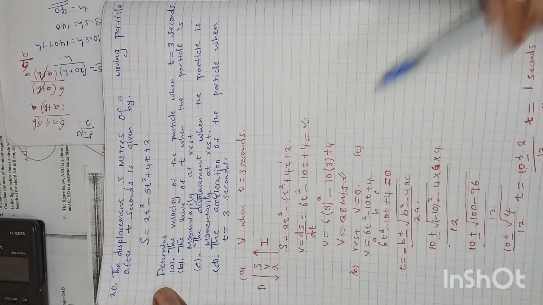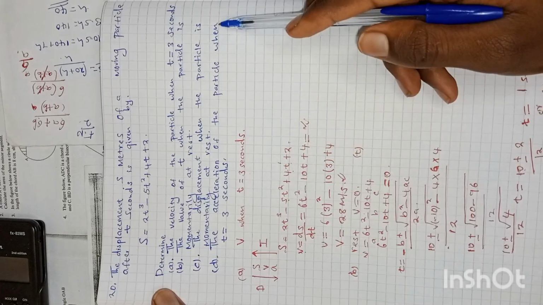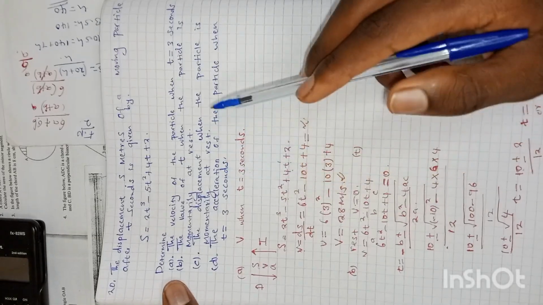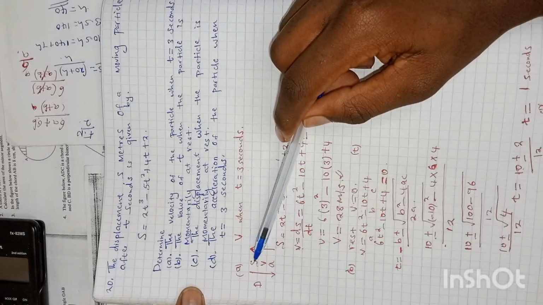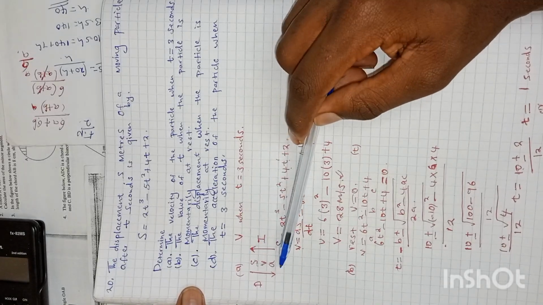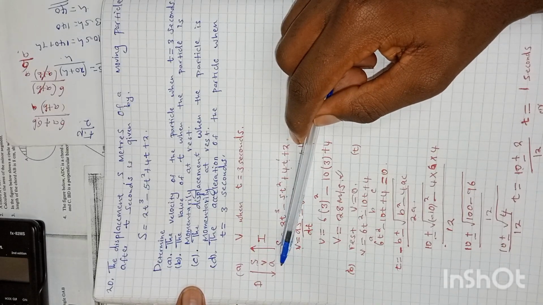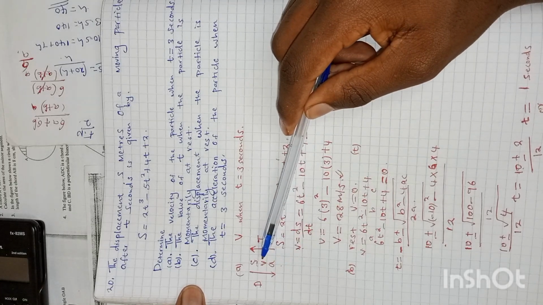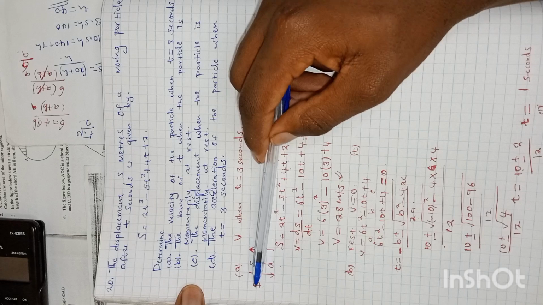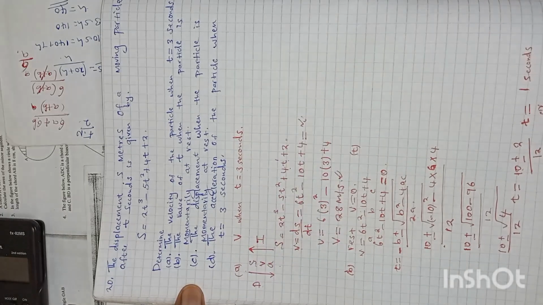D says that the acceleration of the particle when t equals to 3 seconds. Acceleration. Remember, here I told you we have displacement, we have velocity and acceleration. And you have been told to find the acceleration. For us, because we have the velocity, we will have to differentiate it to get acceleration.